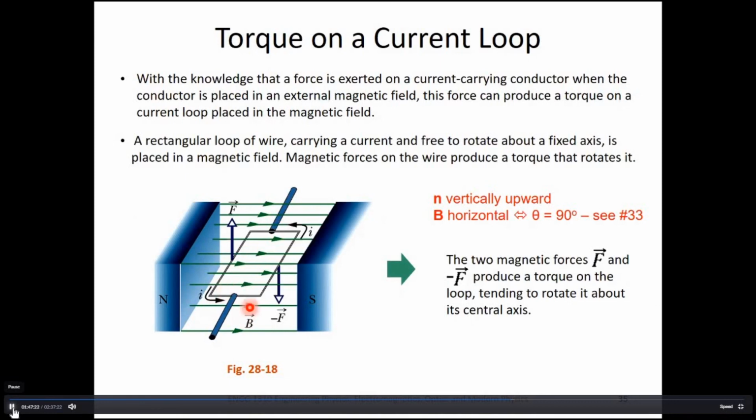You can make a current path something like this, and make this gap really small. So basically, you can treat it as a current loop of rectangular shape. Then we have the magnetic field and the magnetic force, which can make the torque.